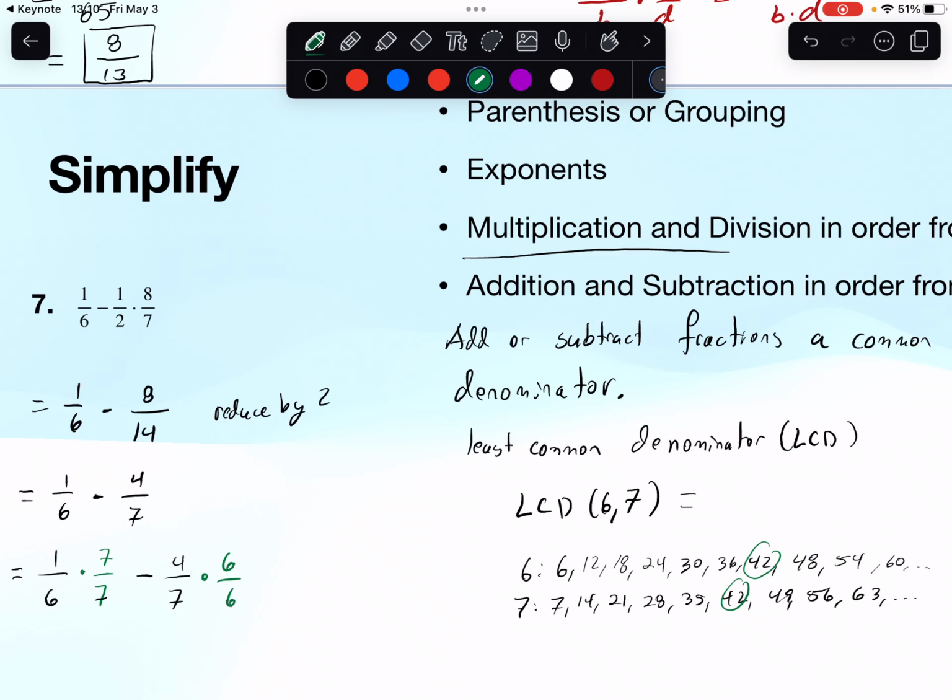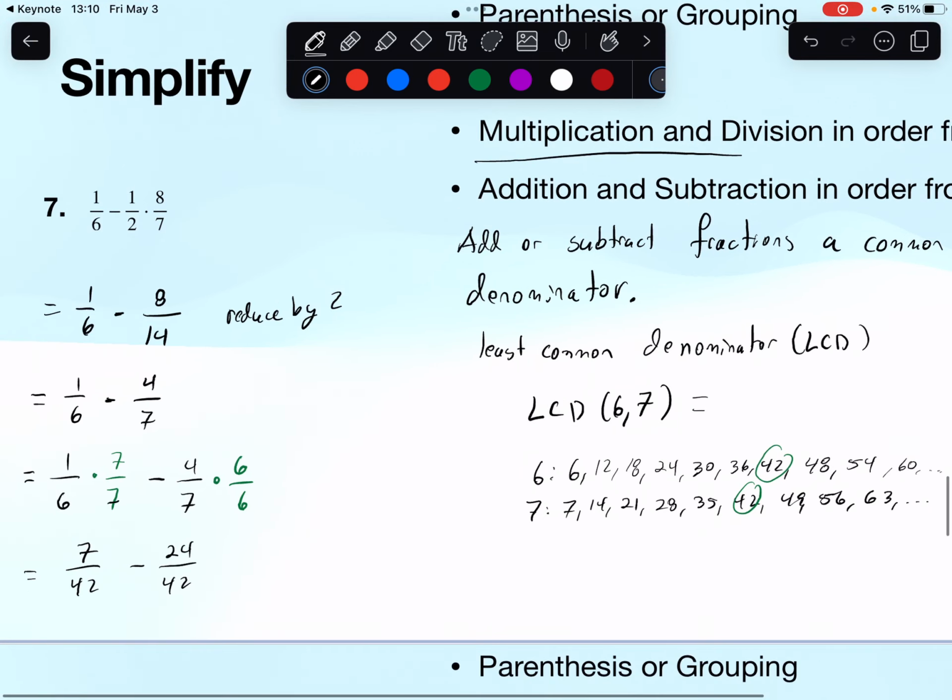So 6 over 6. Okay. All right. So straight across, 7 over 42 minus 24 over 42. Okay. And that is going to be how much here? Okay. 17 over 42. What do you think? 17 over 42?